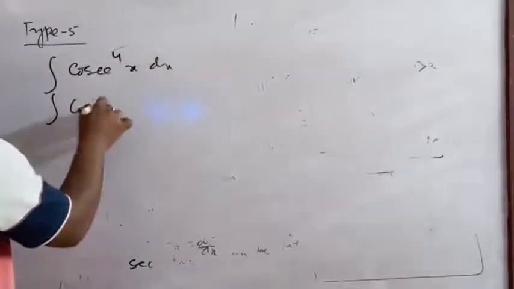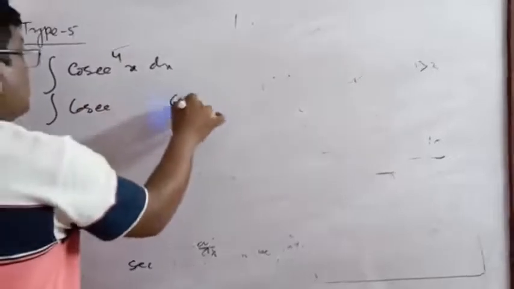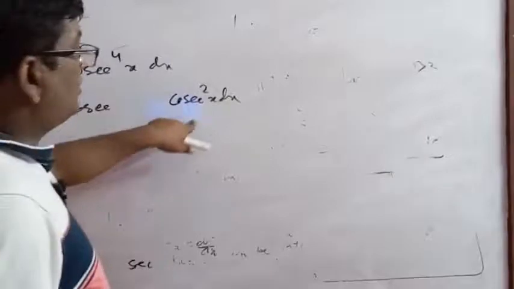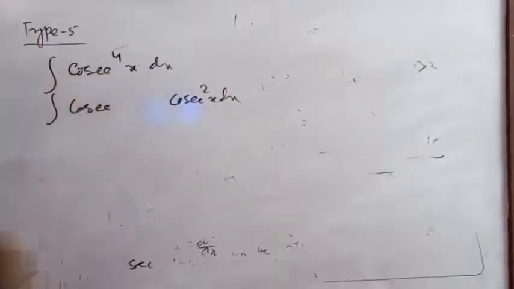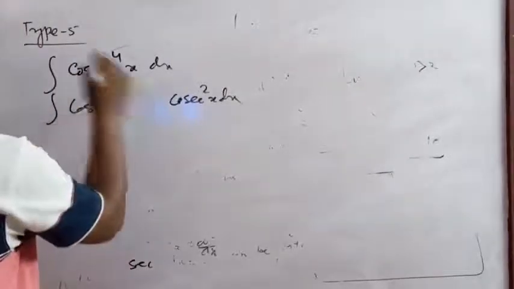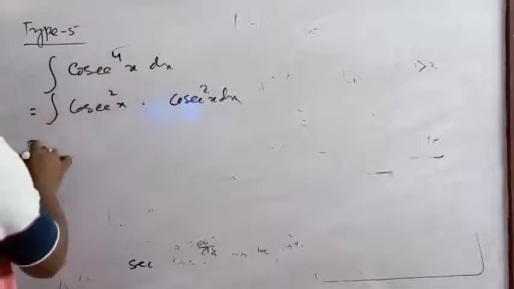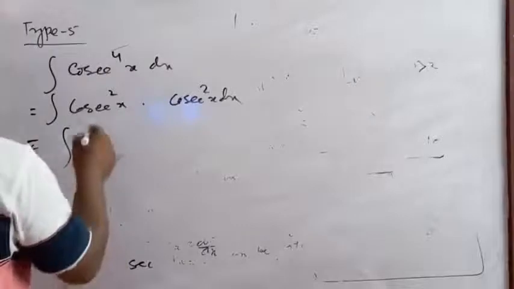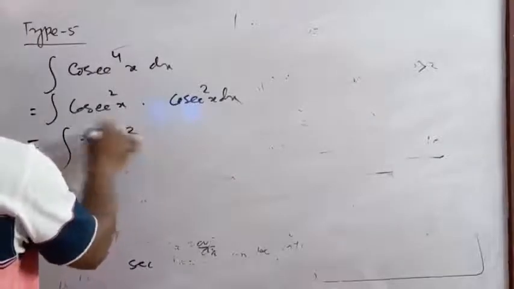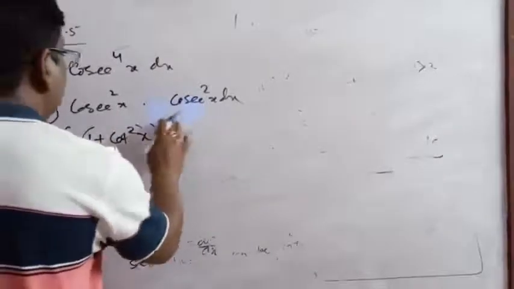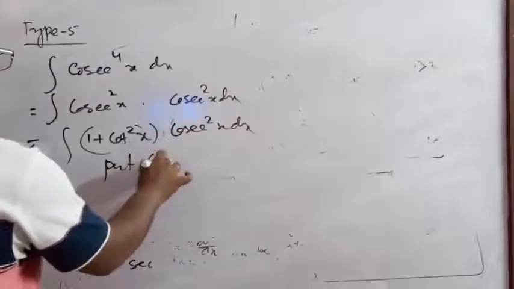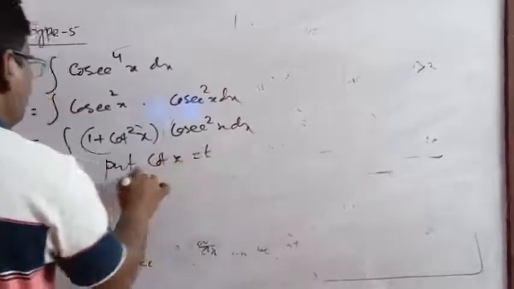Write a cosec square x next to the dx, but it is power 4, so the remaining is cosec square x. Now this is step 1. Convert cosec square x in terms of cot square, 1 plus cot square x, into cosec square x dx. Put cot x equal to t, so differentiate it.